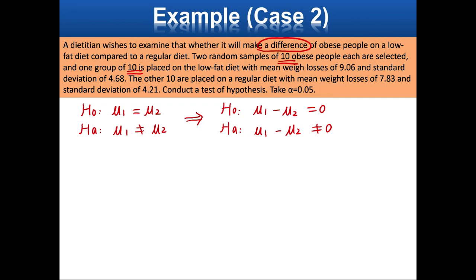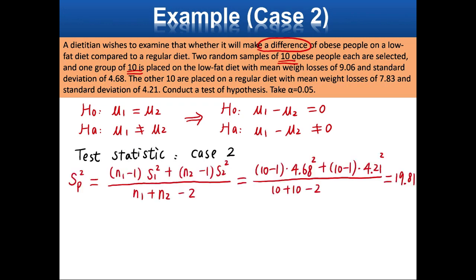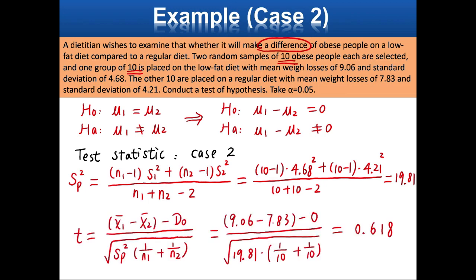They will not influence each other, so they are independent, and the sample size is smaller than 30, so this will be case 2. So in case 2, usually we calculate the SP square first, using the formula, and after that, you can input the result into the test statistic formula.